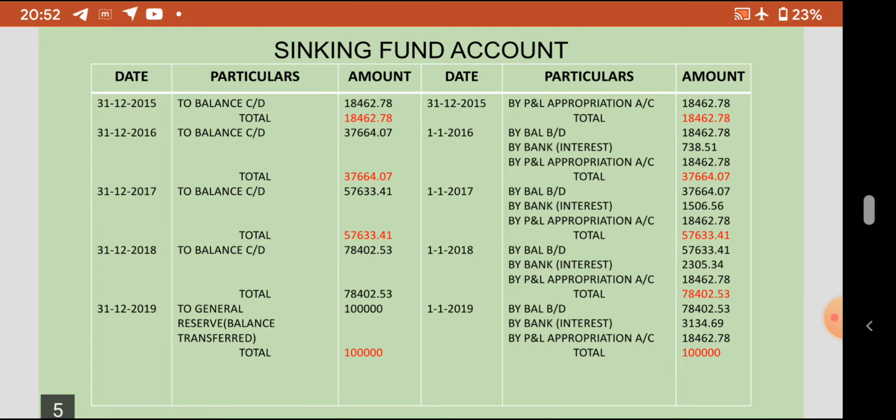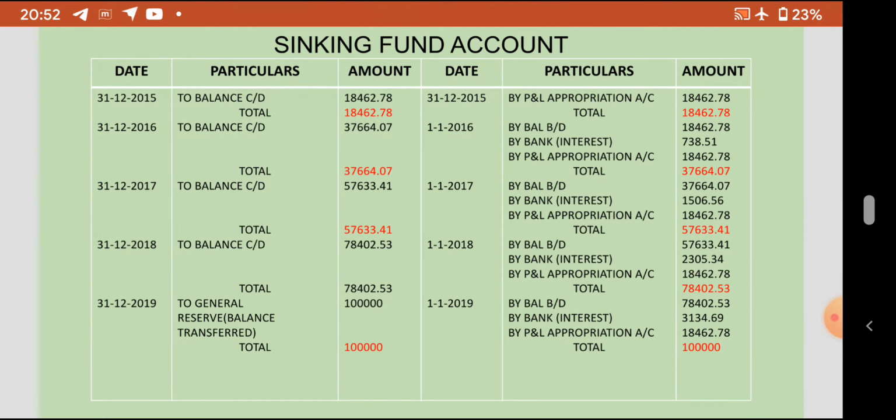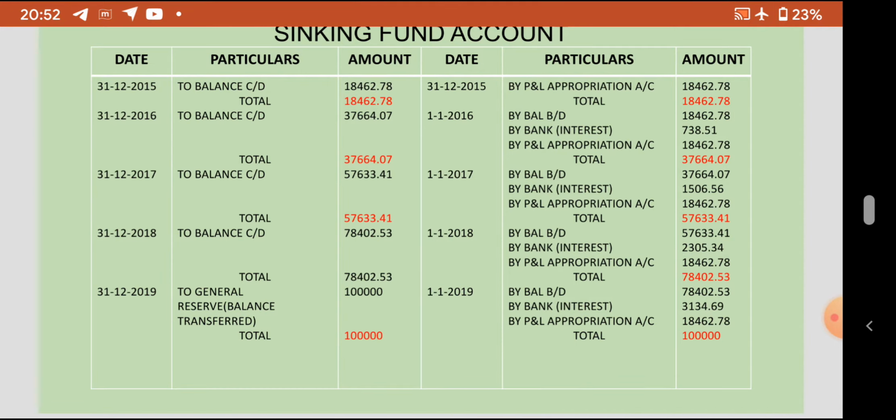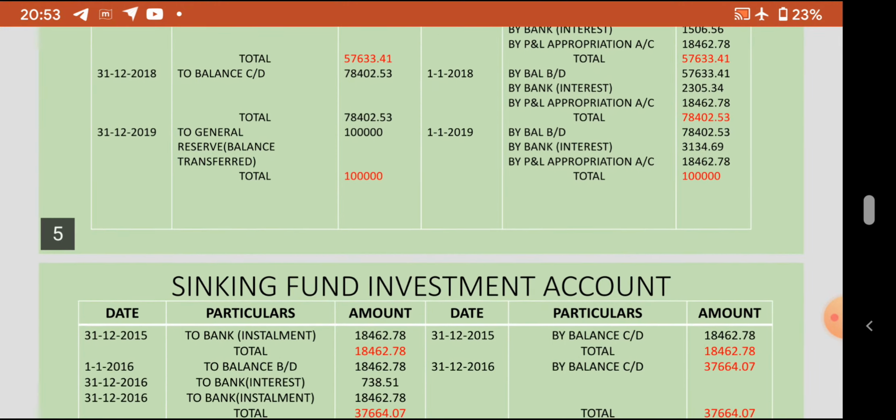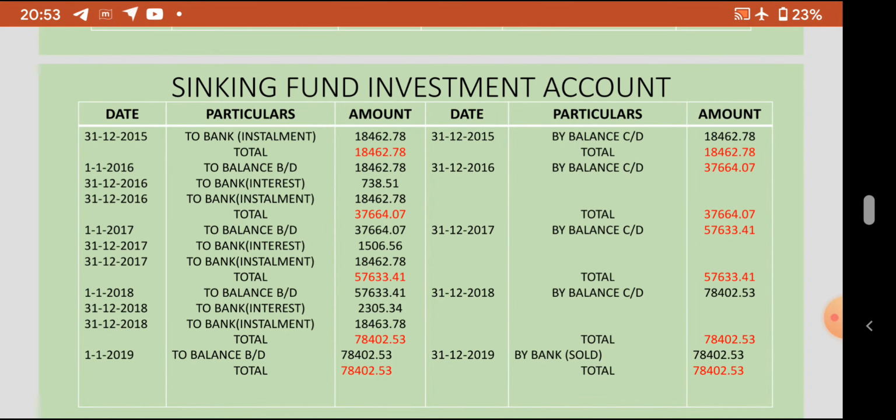Subsequently, in 2019, the accumulated balance is 78,402, and bank interest for the year is 3,134. Ultimately, the last appropriation is made at the end of 2019, that is 18,462.78. So the total amount of 1 lakh, the sinking fund account is closed, and the balance of 1 lakh is transferred to the general reserve. We also prepare a sinking fund investment account.